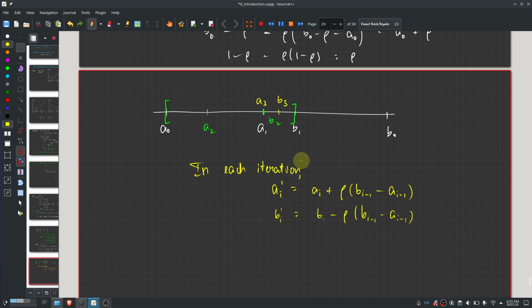My choice of rho ensures that either this is equal to bi, this is equal to bi minus 1, or this is equal to ai minus 1.